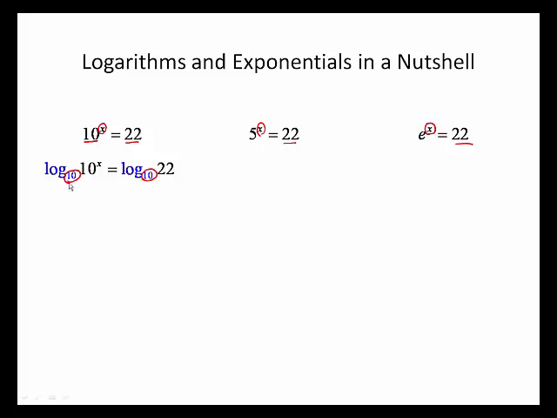To know what kind of log you're going to take, you need to know the base of the exponent right here. Since this one has an x in the exponent and its base is 10, I'm going to take a base 10 log of both sides. Notice I wrote log base 10 of whatever was on the left side and log base 10 of whatever was on the right hand side.